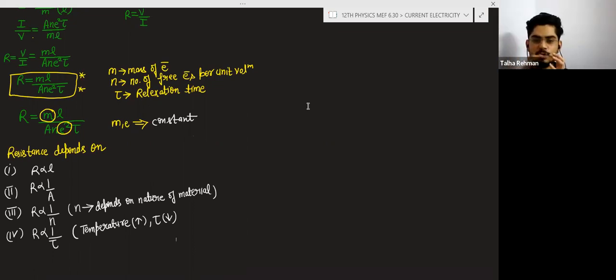So you have to relate all the things with each other: how the resistance will change when the length is changing, area is changing.